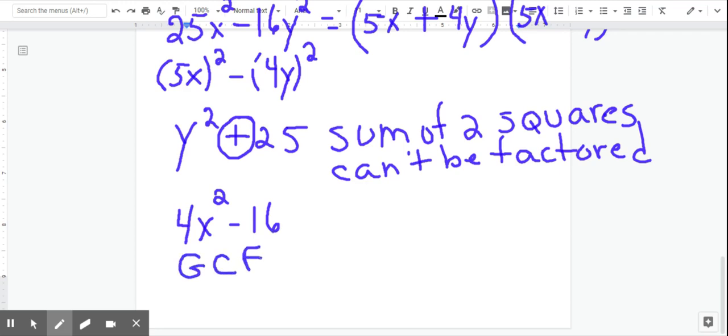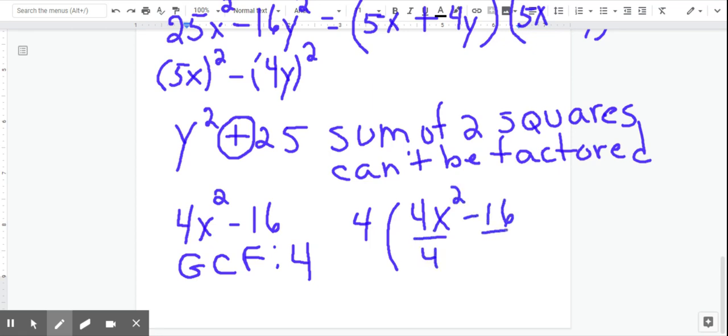And there is a GCF here. The GCF is 4. So you're going to take that 4 out first. You write your original problem, divide both by the GCF, and you have 4 times the quantity of x squared minus 4.